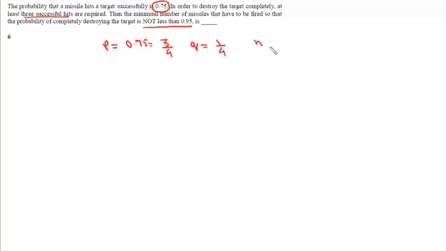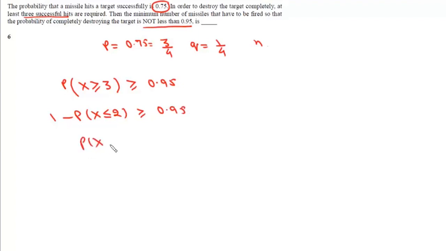And suppose number of missiles is n, then this probability that target is destroyed will be given by P(X ≥ 3). This probability is not less than 0.95. That means it should be greater than or equal to 0.95. Now we can write P(X ≥ 3) as 1 minus P(X ≤ 2), and it should be greater than or equal to 0.95, or we can write P(X ≤ 2) should be less than or equal to 0.05.